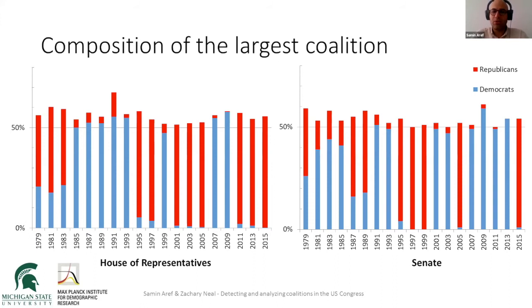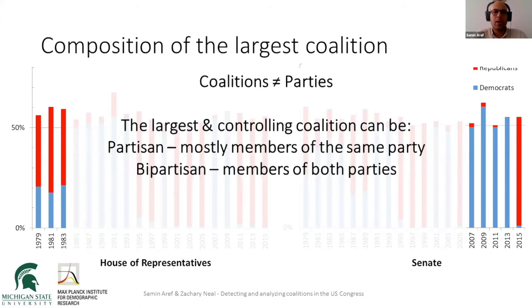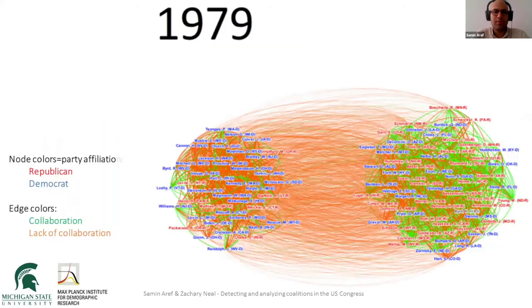So this shows the increase in partisanship. And the idea here is that coalitions, the way we define them, are not same as parties. And back in 70s and 80s, we had more of bipartisan coalitions. In more recent times, we have more partisan coalitions.